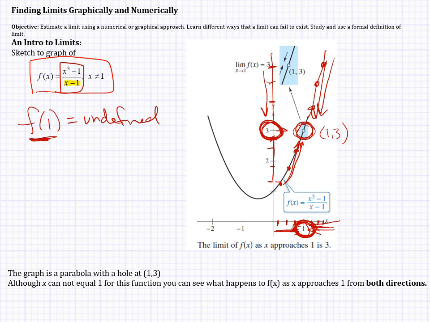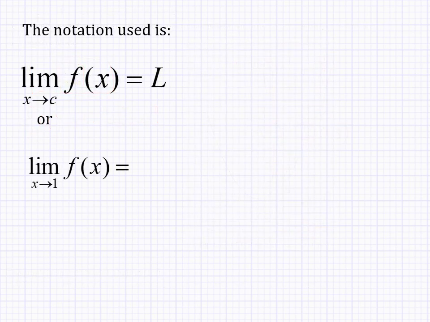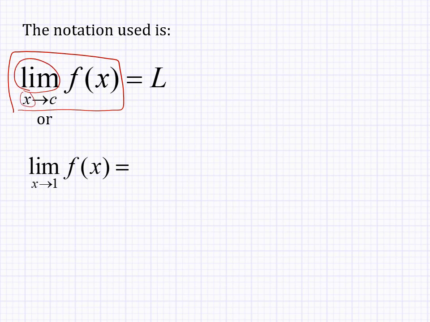So there are certain ways that we can write that down. So the notation that we're going to use is this notation right here. So we're trying to find the limit as x gets closer and closer to some value c. So the arrow means x approaches c for a given function.